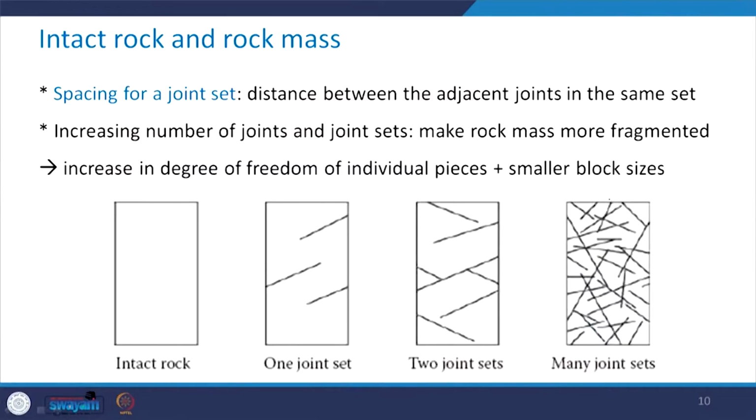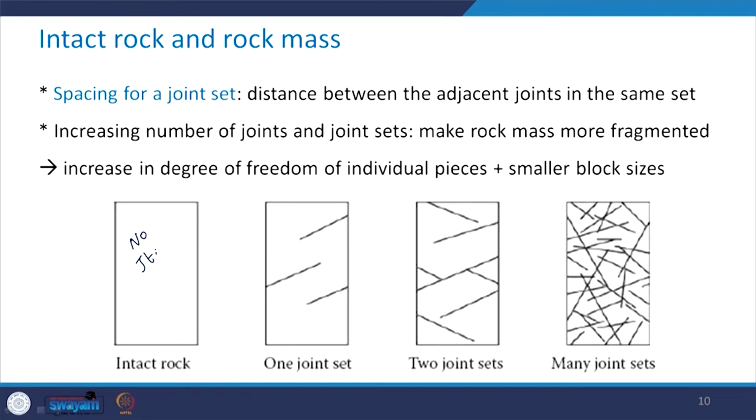We have had the discussion on this as well. How to determine the spacing for a joint set? The distance between the adjacent joints in the same set is defined as the spacing. So here you can see 4 figures. The first one is intact rock, where there is no joint.